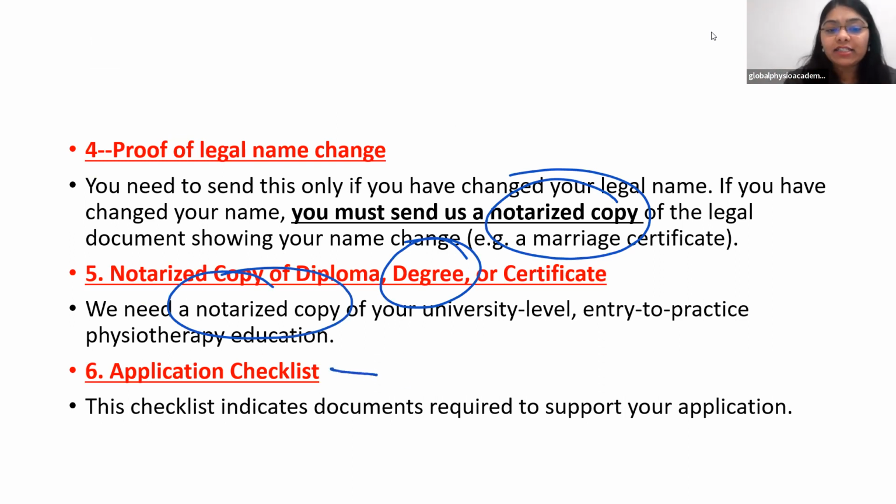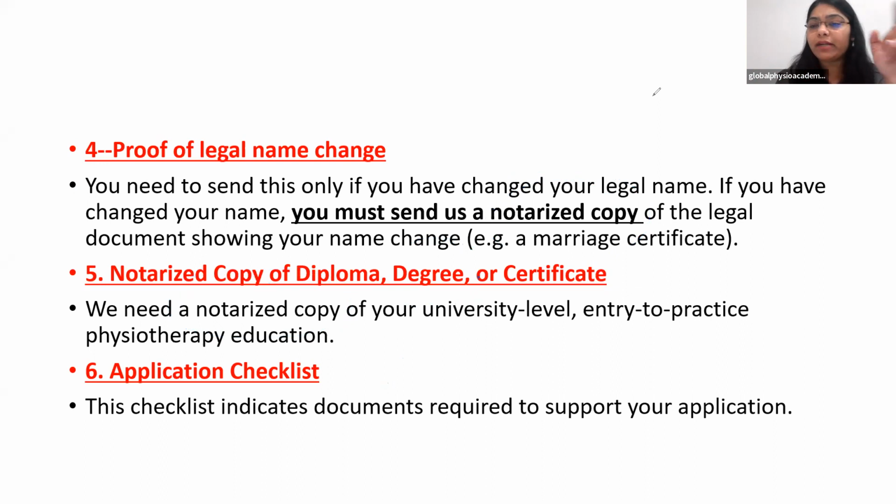And an application checklist, Form B. So 6 things you have to submit: first, application Form A, your certified check, identity document, passport or anything, legal name change if applicable, marriage certificate notarized, degree certificate notarized, and Form B. Those are the 6 things a student has to submit. So the student makes one package and then sends it to the CAPR. Clear?